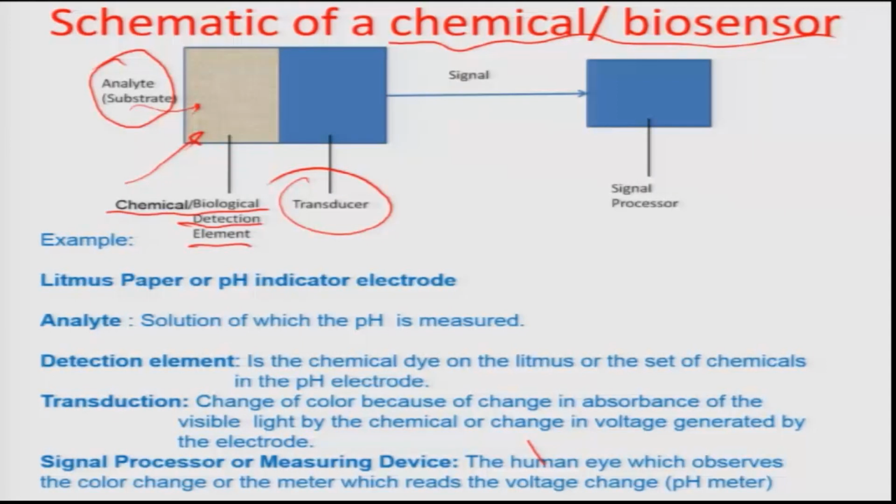Now, a chemical signal converting into an electrical or an optical signal is a very commonplace affair which happens in almost all molecular identifications. Let us say we are talking about a gas sensor.